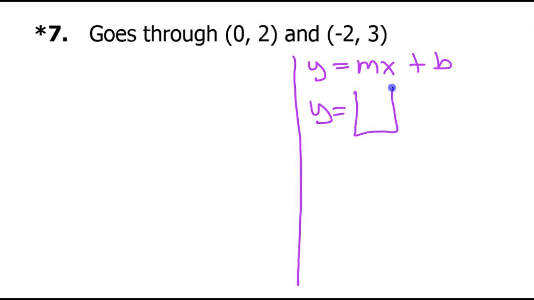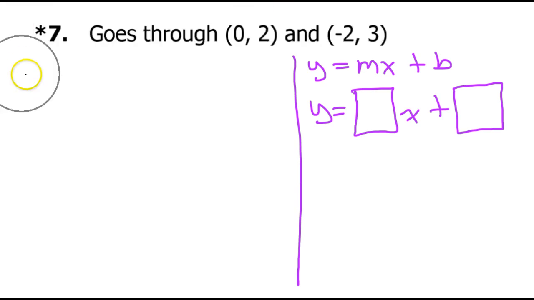We need the m and we need the b. If I have those two things, I can just fill them in and I'll have my answer. So first I'm going after the slope. Over here I'm just going to write find slope m.